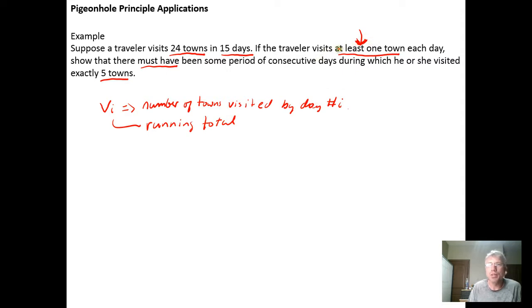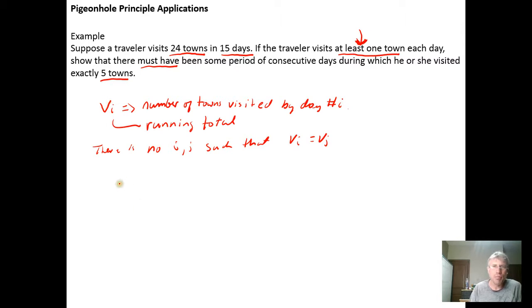And this claim that we have to visit at least one town each day tells me that there is no i and j such that v sub i will equal v sub j. This is important because it tells us that these numbers are distinct or unique.